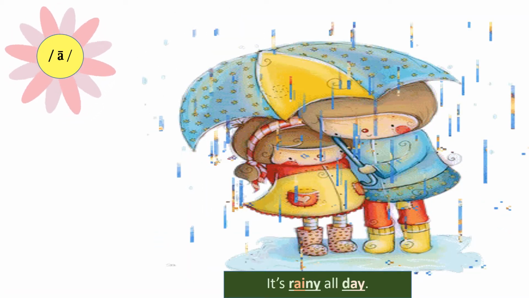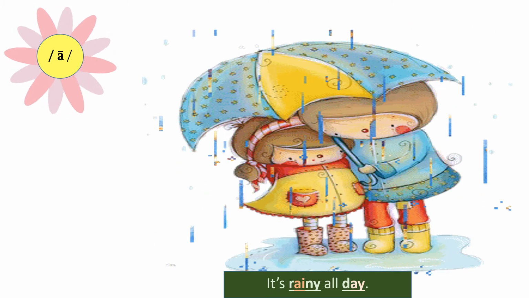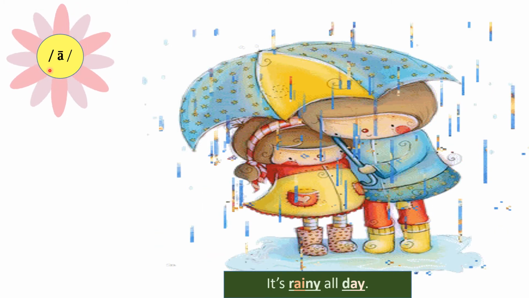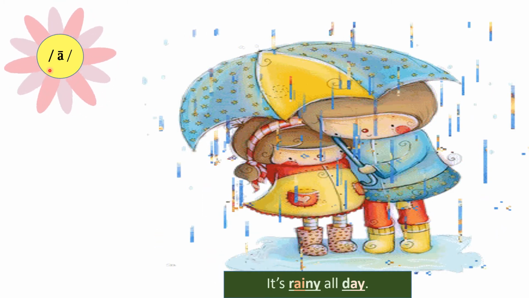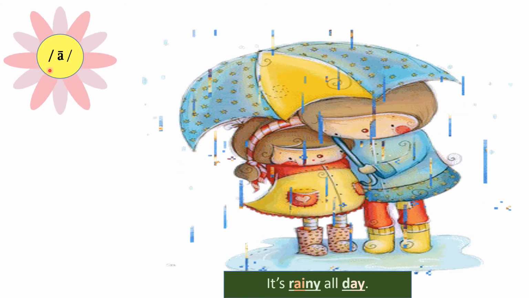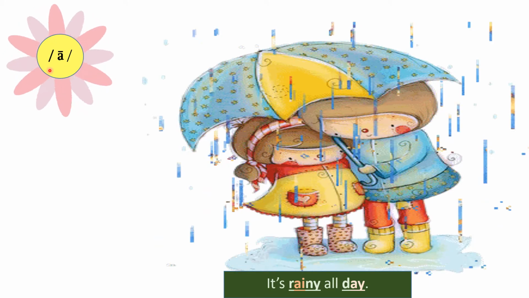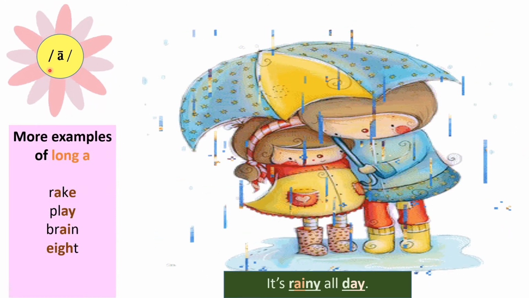The next pronunciation symbol for vowels is the symbol of long A. This symbol has the sound of A. As you can hear, the sound is the same as the name of the letter A. But watch out, there are lots of ways to write this sound.